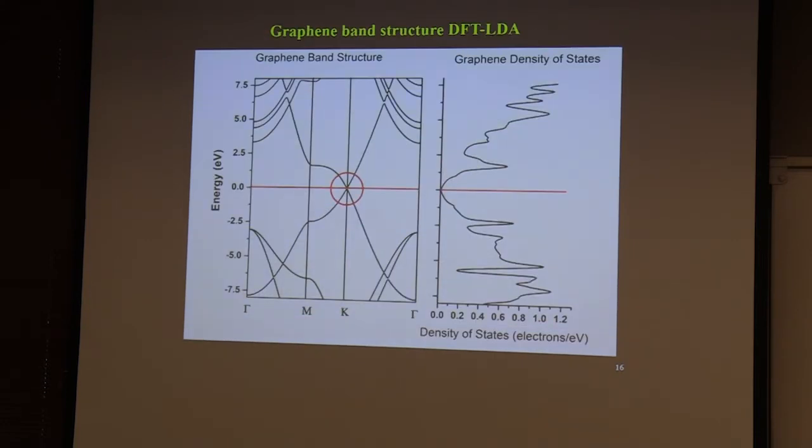I have calculated here with density functional theory using the local density approximation the band structure of graphene, and here is where you see, at the K point in the Brillouin zone, this linear dispersion.